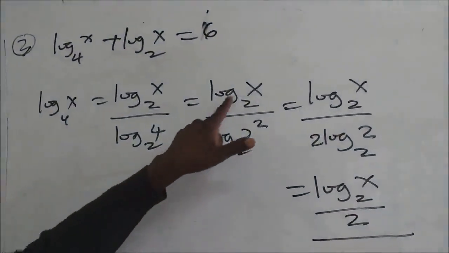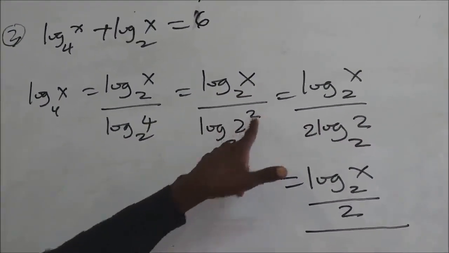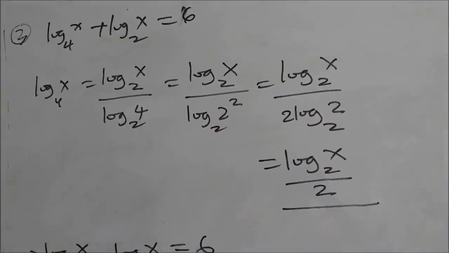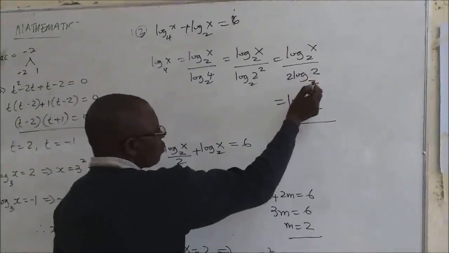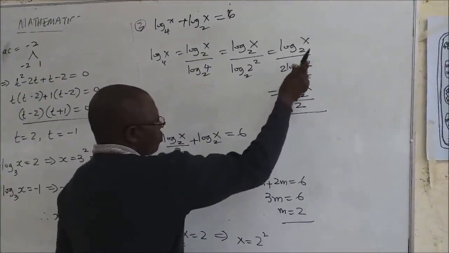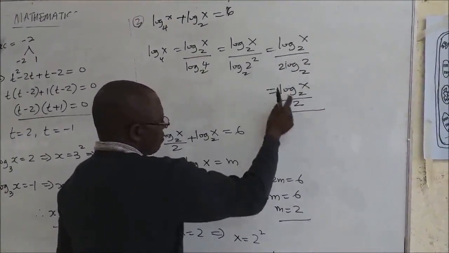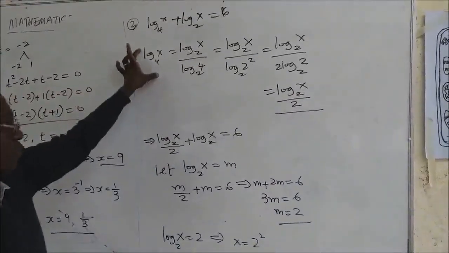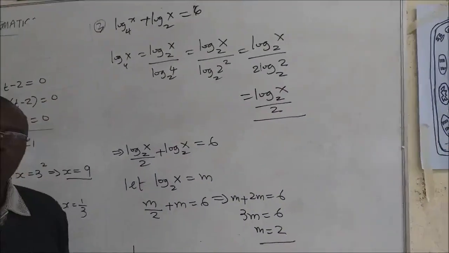This will be log x base 2 divided by log 2 power 2 base 2, because 4 can be written as 2 power 2, and this will give me log x base 2 divided by 2 log 2 base 2. Log 2 base 2 is 1, so this becomes log x base 2 all over 2. Where we have log x base 4, we shall replace it with log x base 2 all over 2.